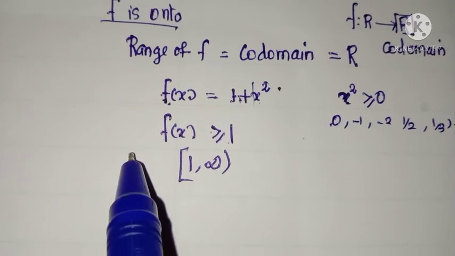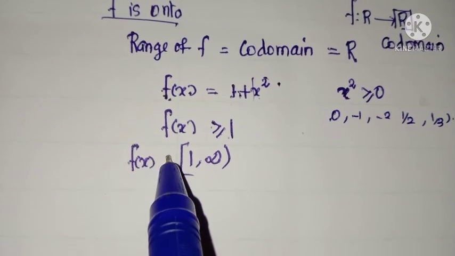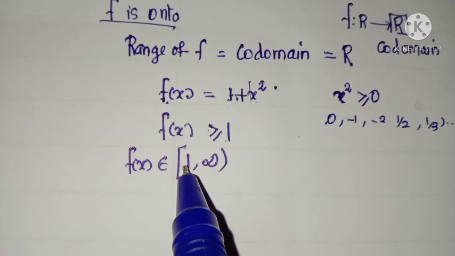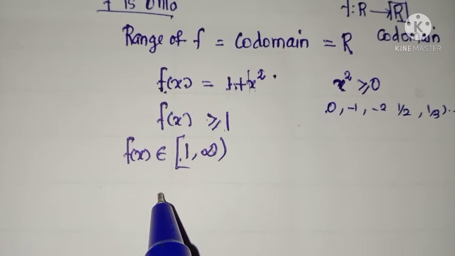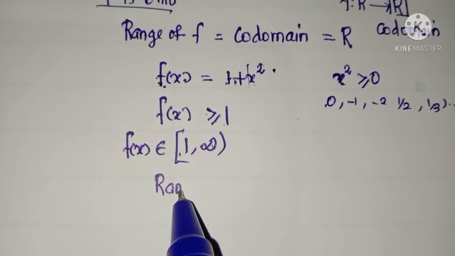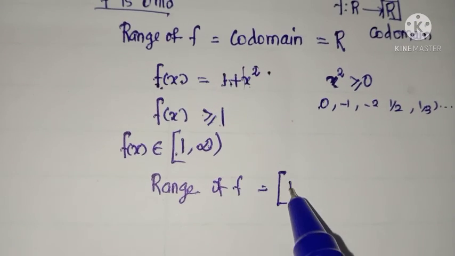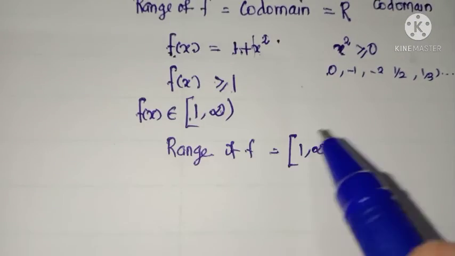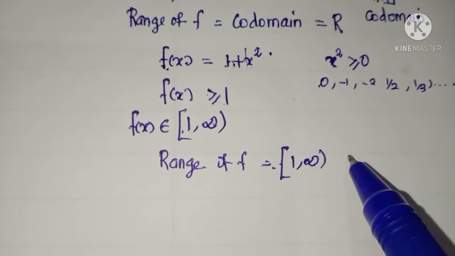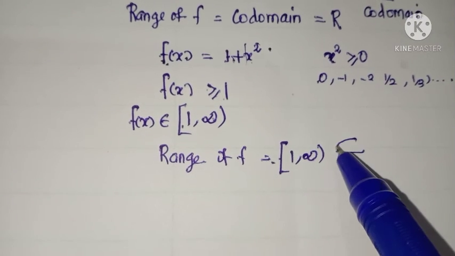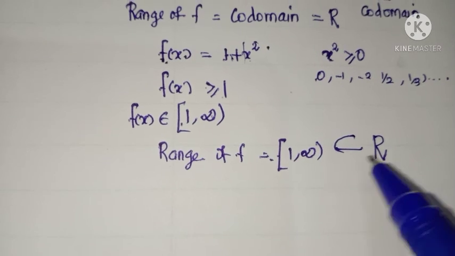So f(x) belongs to the closed interval [1, ∞), which means the range of the function f is the interval [1, ∞), closed at 1. It is only a subset of the real numbers.